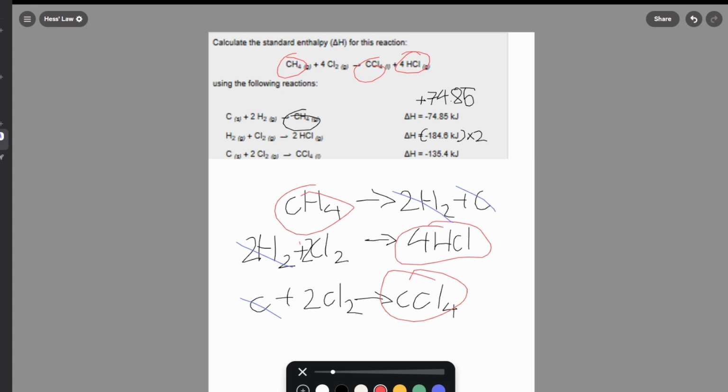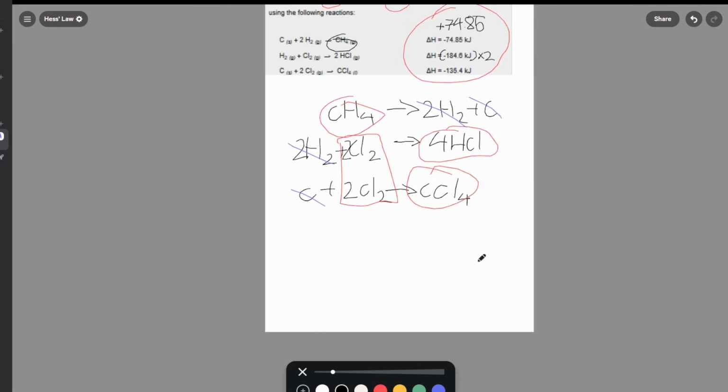And since these two chlorine gases are on the same sides, you add them together, and that's why you get that 4 chlorine gas. So up here in the energy, you just add them all together. So let me just write the equation.